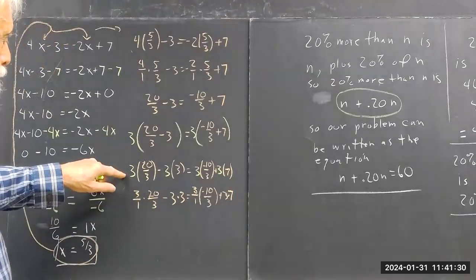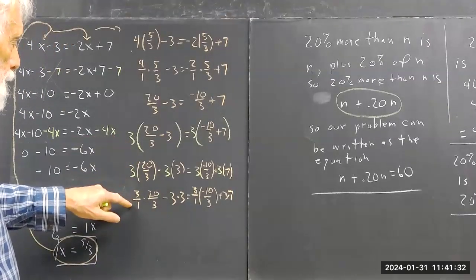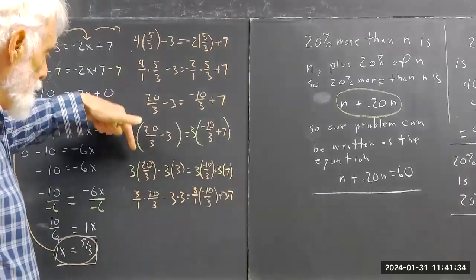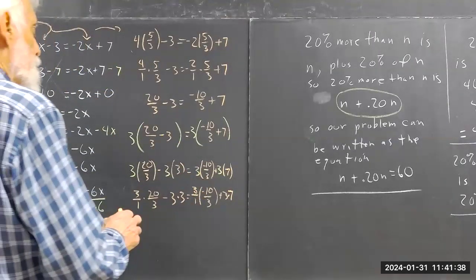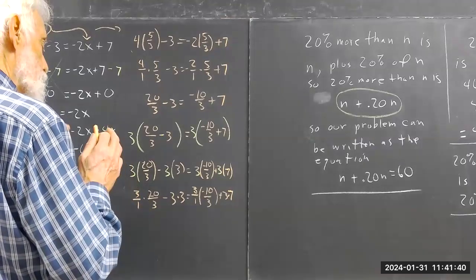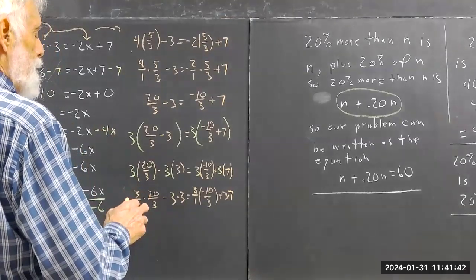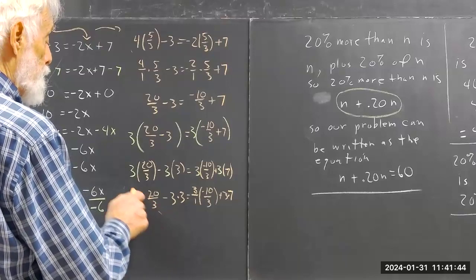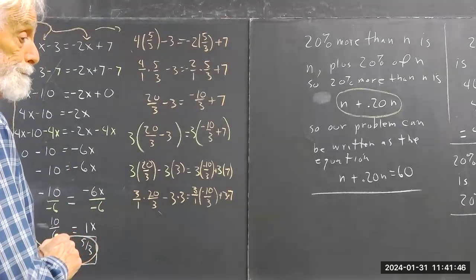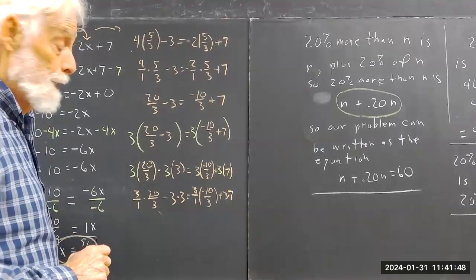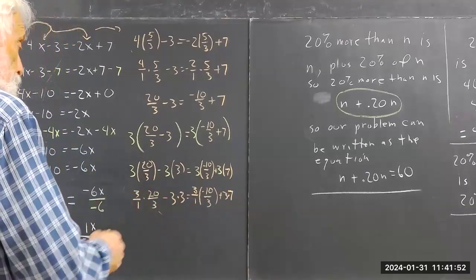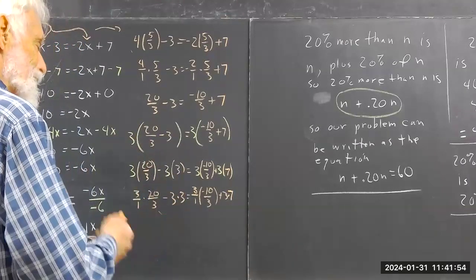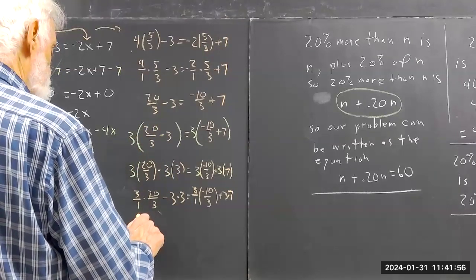Since I'm multiplying this 3 by a fraction, I'm going to write it as 3/1 just to keep track of what I'm doing. And the same thing over here. You have a rule that says you can cancel this 3 with this. Okay. But the reason that rule works, and you don't necessarily have to write out the step I'm writing out, but I kind of think it's good if you understand it.